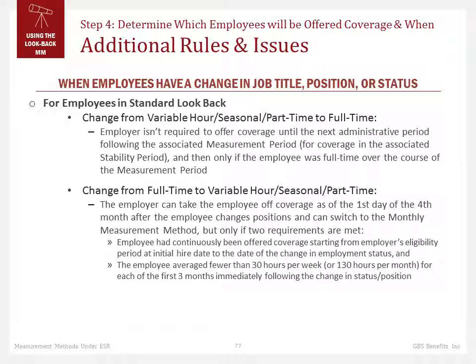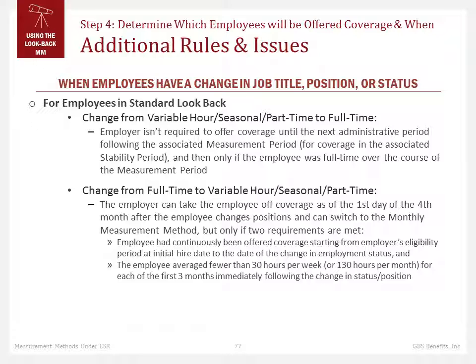But you have to meet 2 requirements. And these requirements are somewhat hard to meet based on my conversations with some of you. It does not necessarily happen very often, but you can only take them off coverage if that employee had continuously been offered coverage starting from their eligibility period at their very first initial hire date, and they're averaging less than 130 hours per month individually for the first 3 months after the change of status.